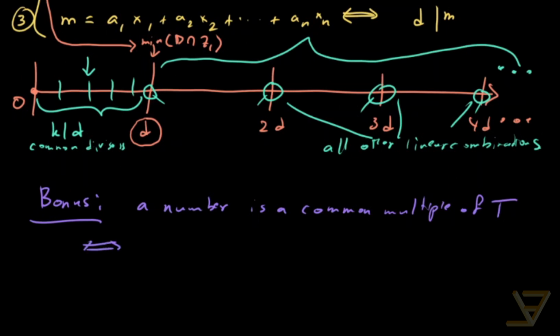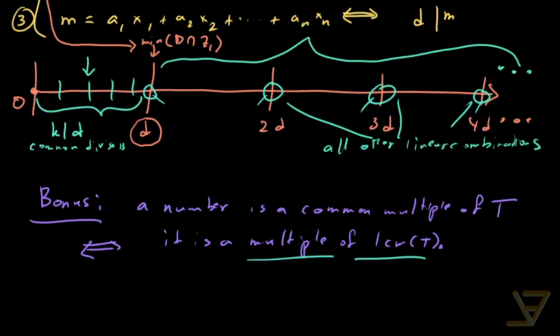This is true if and only if it is a multiple of the LCM of t. So we have a very similar result in this case. If a number is a common multiple of t, then it's a multiple of the LCM of t. And if it's a multiple of the LCM of t, then it is a common multiple of t.